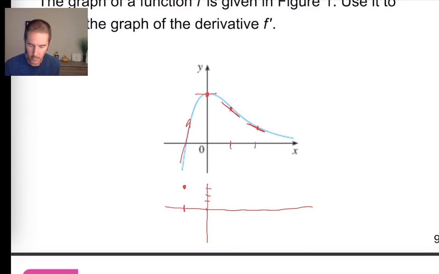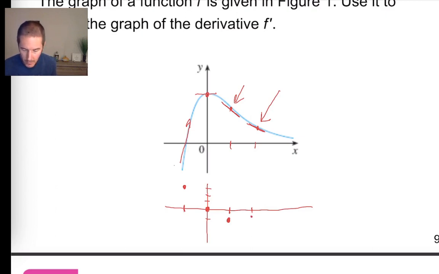So I'm going to plot the point (0, 0). And when x equaled +1, I said a slope maybe of -1. So let's come down 1 unit and plot (1, -1). Up here where we had the x value of +2, I said, well, the slope is still negative, but maybe not quite as negative, so maybe it's only a slope of -1/2.